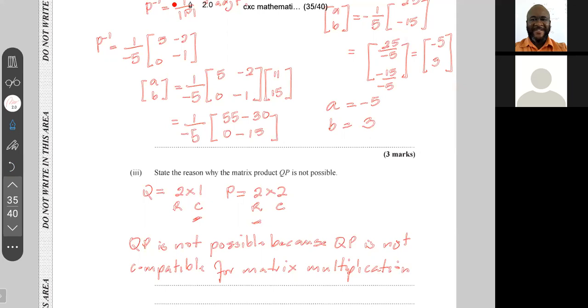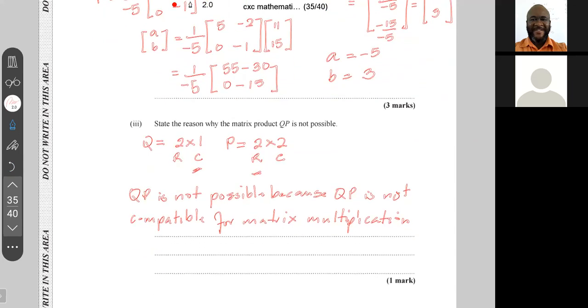All right, and if you want to spell it out, the number of columns in the first is not equal to the number of rows in the second.